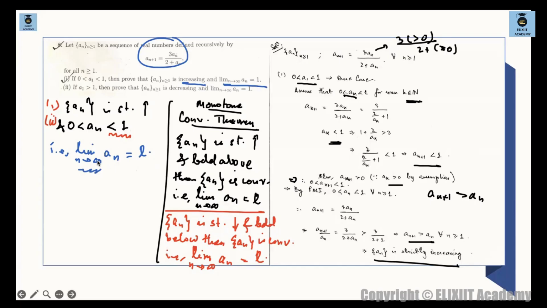So from the recurrence which they have given, an plus 1 is equal to 3an upon 2 plus an.